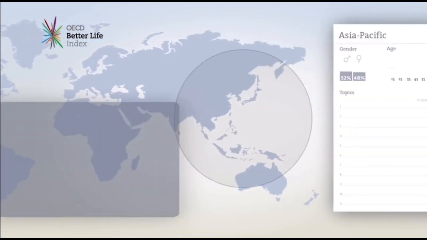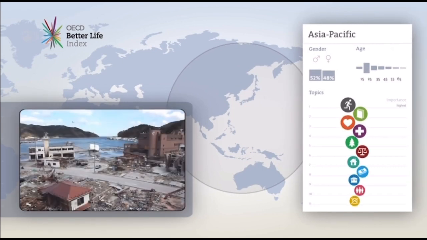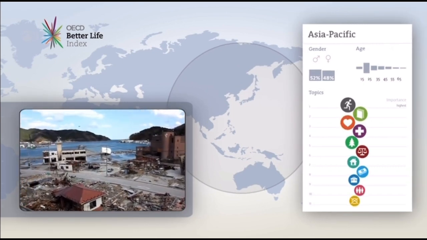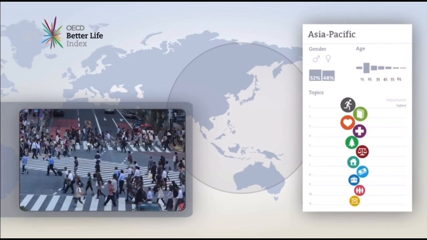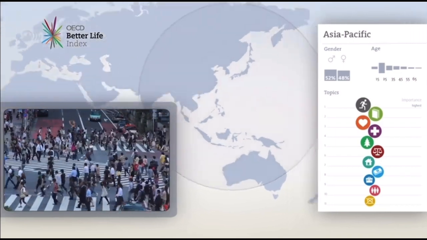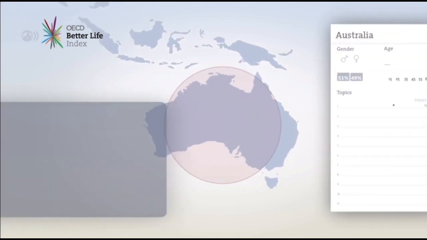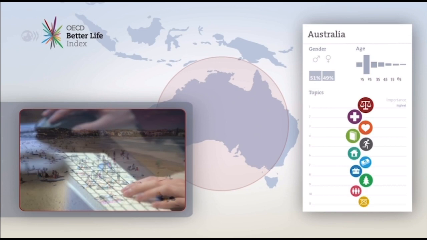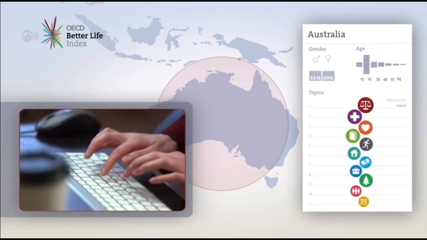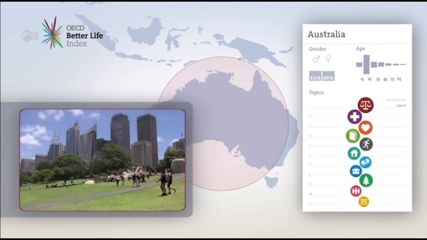People in the Asia-Pacific region rate safety as a high priority, including in Japan. How can we close the gap between being safe and feeling safe? In Australia, a land of wild outback and stunning beaches, but also long working hours, people worry most about their work-life balance.